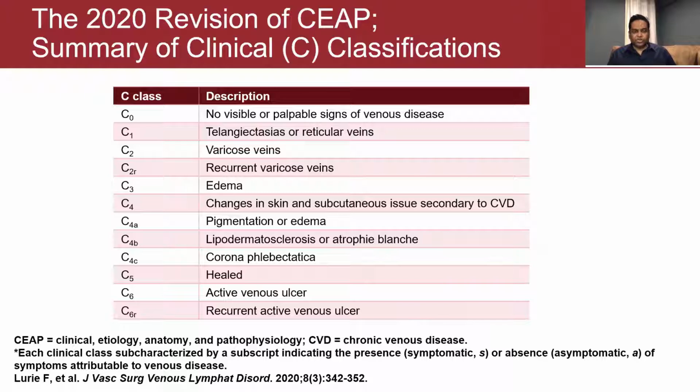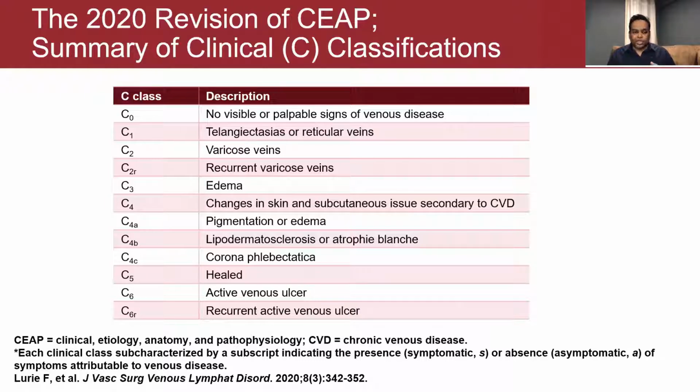As most of us know, the CEAP classification classifies the venous disease presentation from C0 to C6, C0 being no venous disease and C6 being active ulceration. And there are multiple levels with the presence of varicosities, presence of edema, lipodermatosclerosis, skin changes, and venous ulcers that go through C1 through C6.